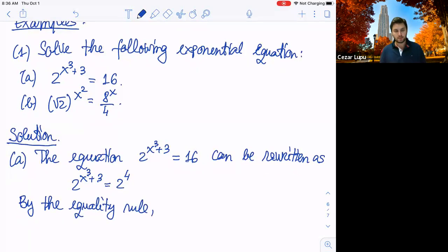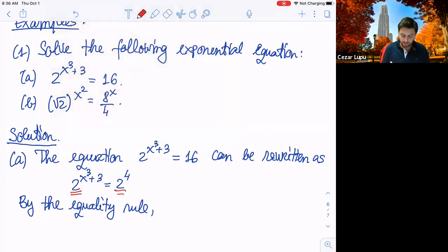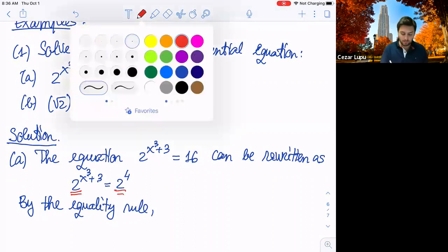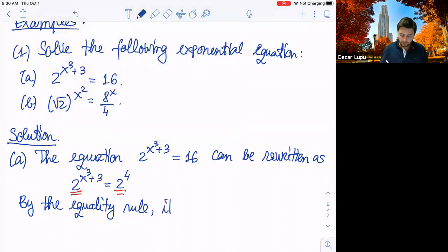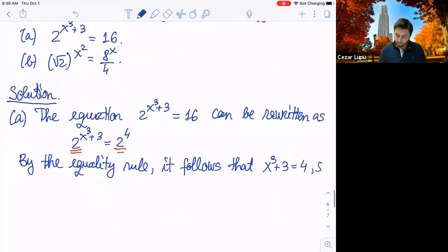Well, the base is the same, as you can see. So 2 is the same as here. So this means that the exponents have to be the same. So by the equality rule, it follows that x cubed plus 3 is equal to 4. So x cubed is the same as 4 minus 3, which is 1.